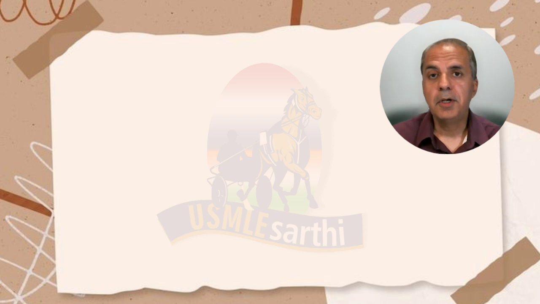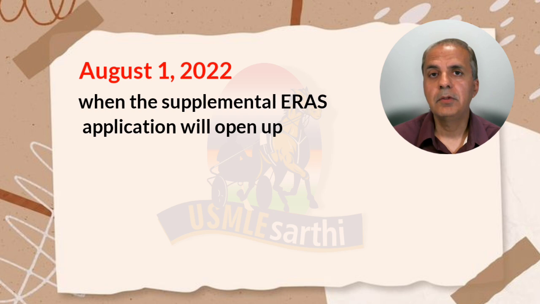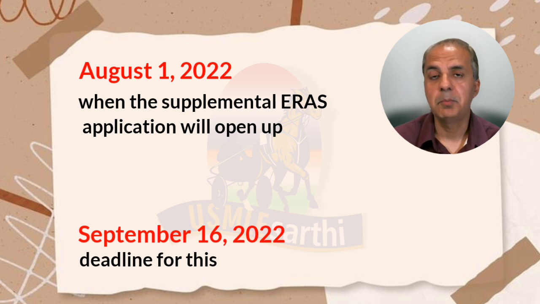The next important deadline to be aware of is August 1. This is when the supplemental ERAS application will open, and the deadline to finish and submit is September 16th. Those of you who applied last season may remember the supplemental ERAS application. It was introduced last season for internal medicine, both categorical and prelim, general surgery, and dermatology.